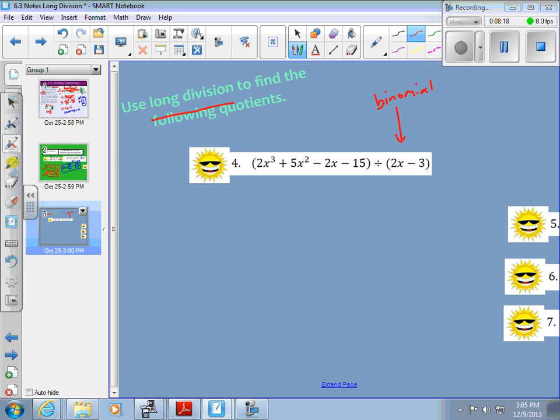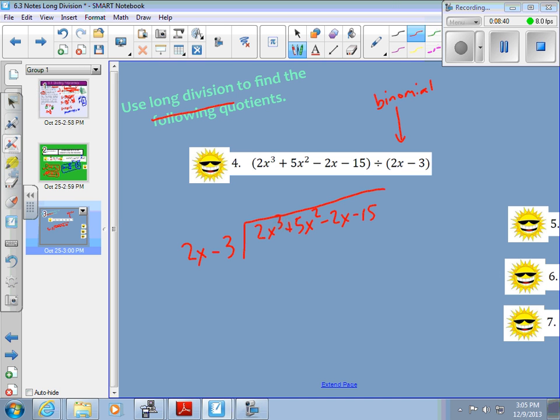You're going to put what you're dividing, so 2x cubed plus 5x squared minus 2x minus 15, on the inside of your division bar. On the outside is what you're dividing by, 2x minus 3. Now we're going to divide that out.